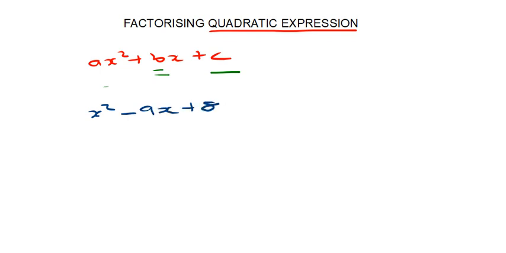We said the first step we do is find the factors of c, which is 8 in this case. The factors of 8 are 8 by 1 and 4 by 2. That's the only factors that we have. When you add 8 and 1, you get 9. So in this case we are done, because we have 9 as b.